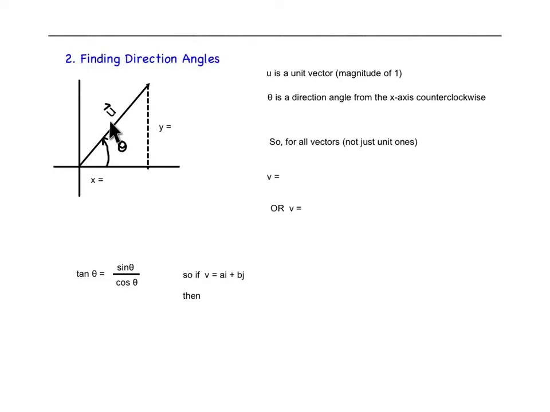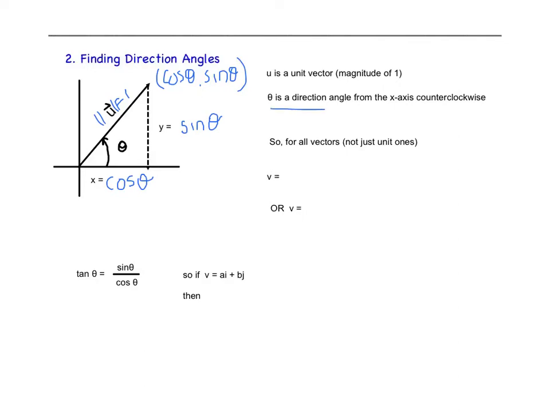So if the magnitude or length of this is 1, then I know that this y coordinate is going to be the sine of theta, and the x coordinate is going to be the cosine of theta, because this point on the unit circle is (cosine theta, sine theta). We remember that from the unit circle.